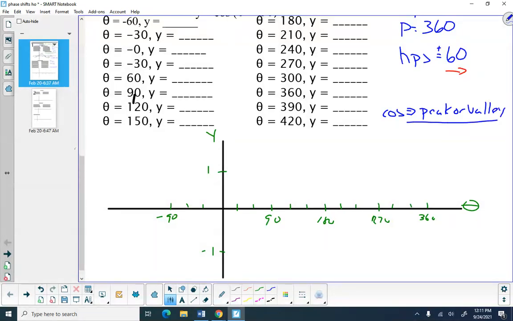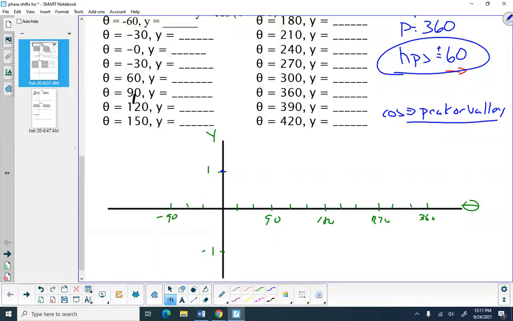Typically with a cosine curve, we start at a peak or a valley. And the peak is the amplitude, as we talked about before. But if we take a look at our graph now, what we have to factor in is this horizontal phase shift of 60 degrees. Typically, we would start up here at the peak at 1.